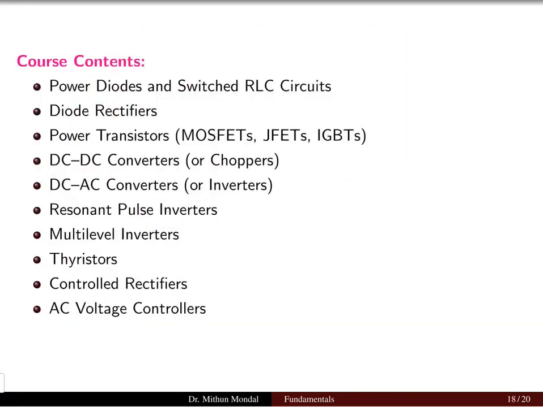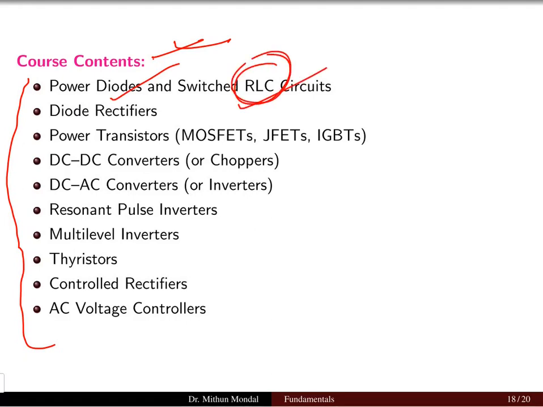Now, the course contains what you have for power electronics in general. The details we will be discussing very thoroughly. First, we will discuss the power diodes and then the switching circuits, RLC networks, whether it is a combination of R, RL, LC, or RLC. We'll discuss the rectifiers, and the power transistors, for example the MOSFET, the JFETs, or the IGBTs.